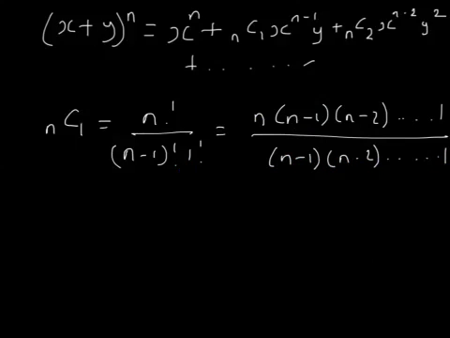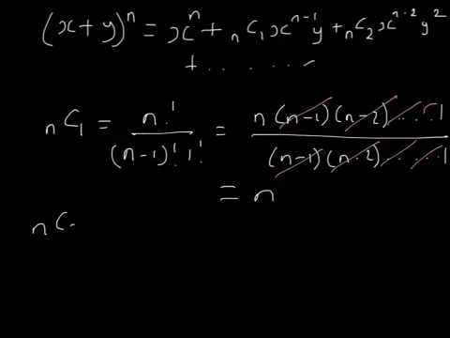I haven't bothered writing in 1, it's all times by 1, and then n minus 1 divided by n minus 1 is 1, n minus 2 divided by n minus 2 is 1, and so on. So this simply simplifies to n, which is why the second term of a binomial expansion always has the power there. Let's think about nC2.